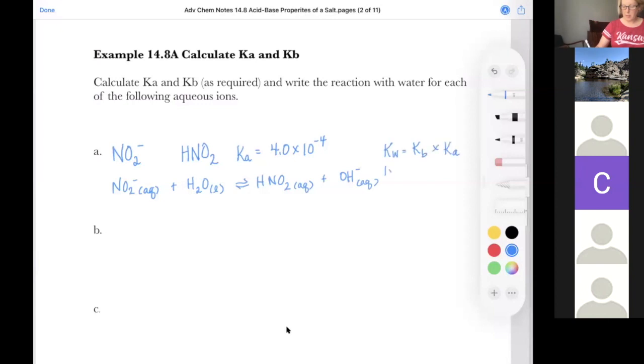We know the Kw is 1 times 10 to the negative 14th. Knowing those two pieces of information, we can calculate the Kb. You can rearrange the equation: Kw over Ka equals Kb. So 1 times 10 to the negative 14th over 4.0 times 10 to the negative 4th. So that's the Kb value.